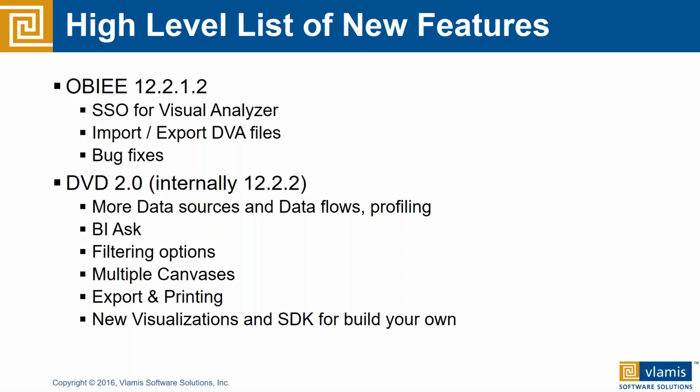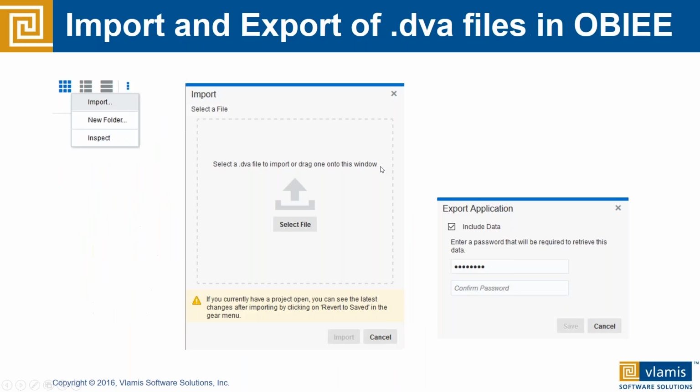So let's go ahead and jump into some of these things right off the bat. First on the deck is the ability in BI 12.2.1.2 to import and export DVA files into OBIEE.